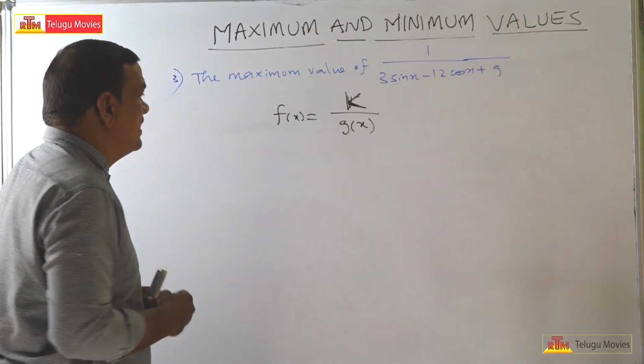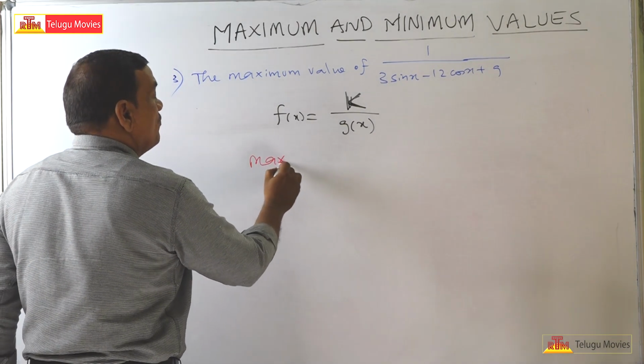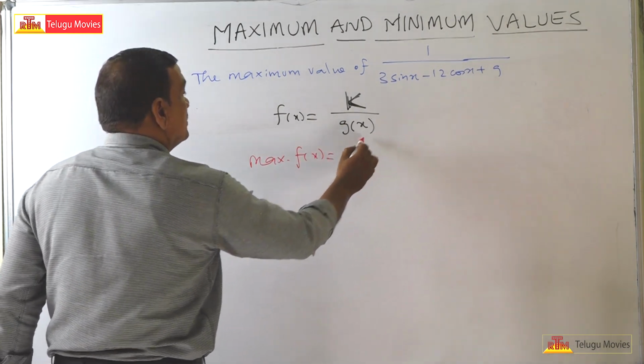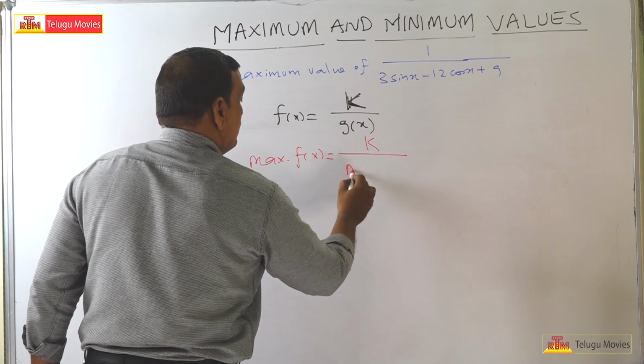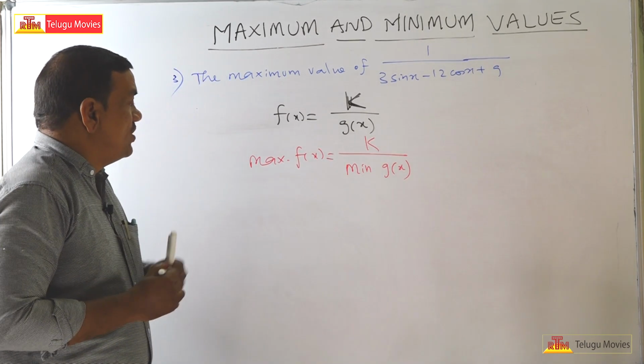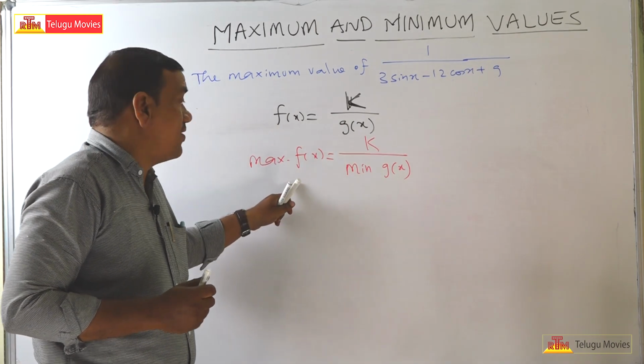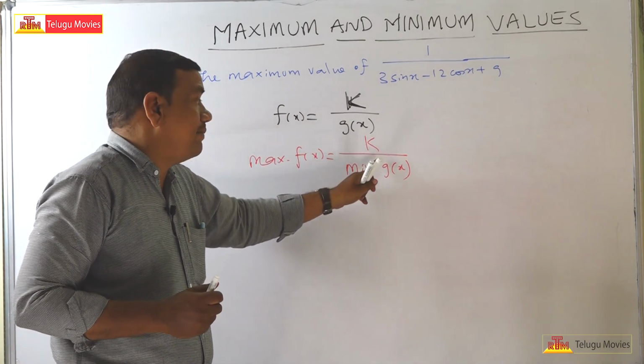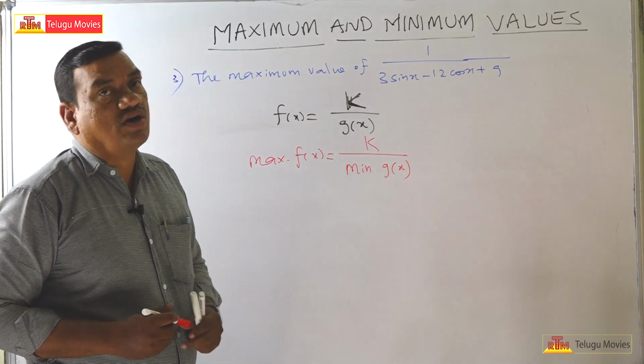Then the maximum value of f of x is equal to k divided by the minimum value of g of x.